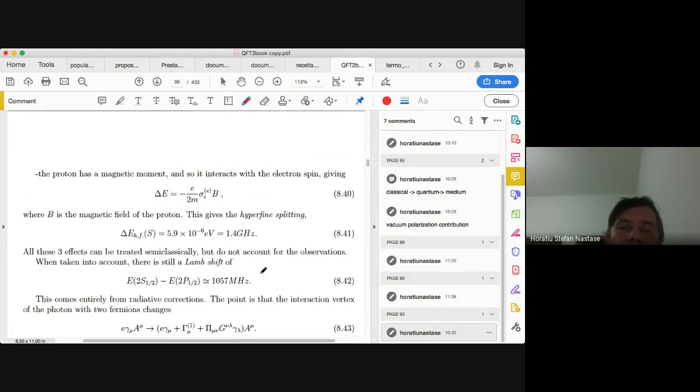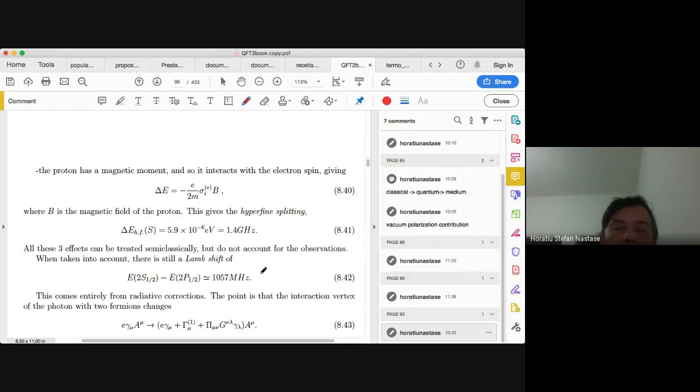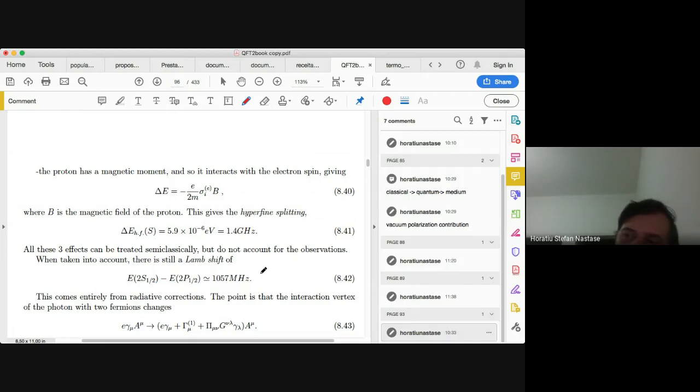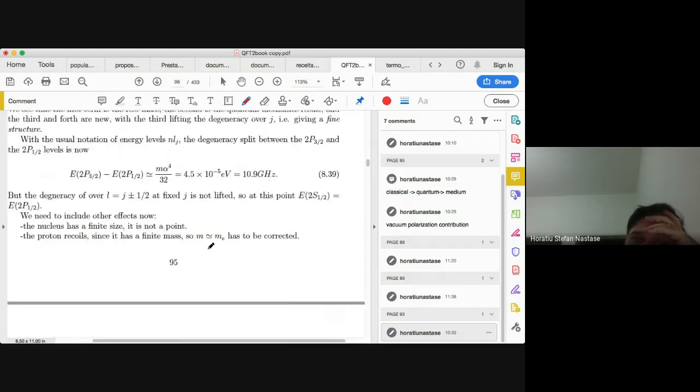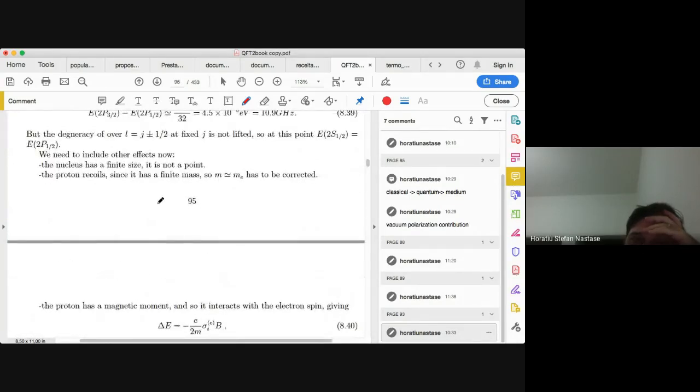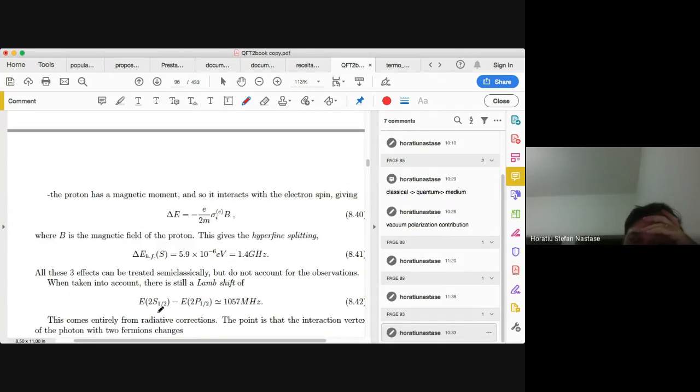But if you look at the experimental value for the frequency of the transition between the two energy levels, 2s1/2 and 2p1/2, you find a certain result, which I have not put here, but if you subtract these three semi-classical effects, what you obtain left over is 1057 megahertz.